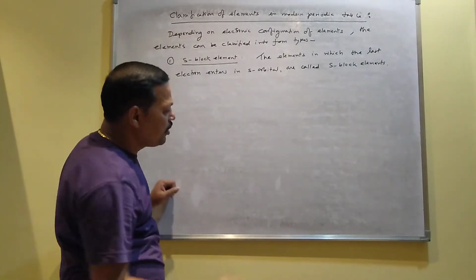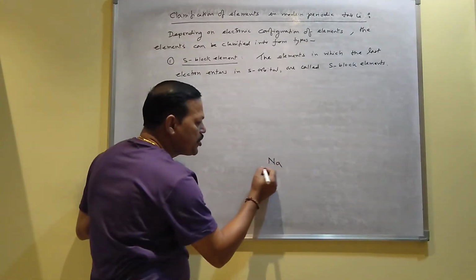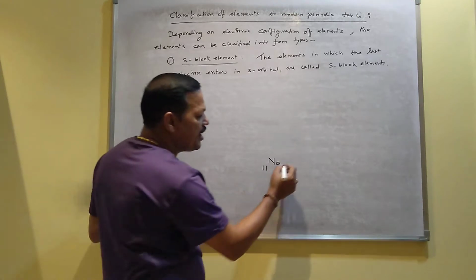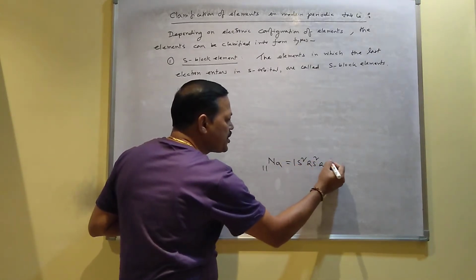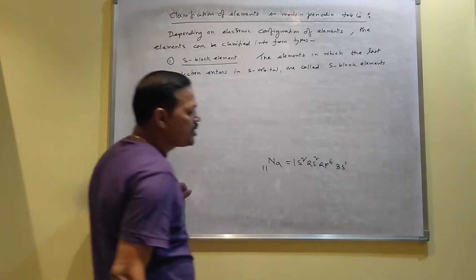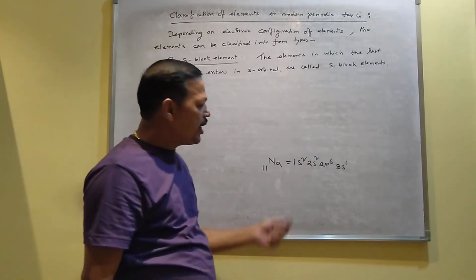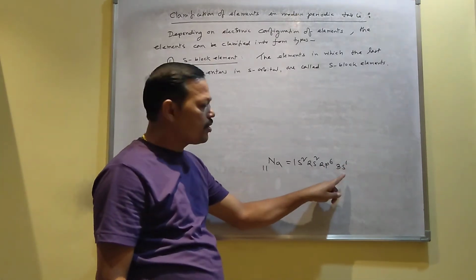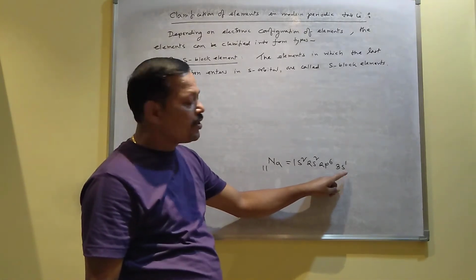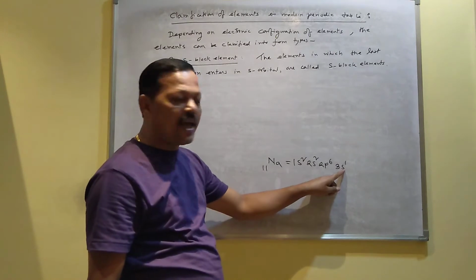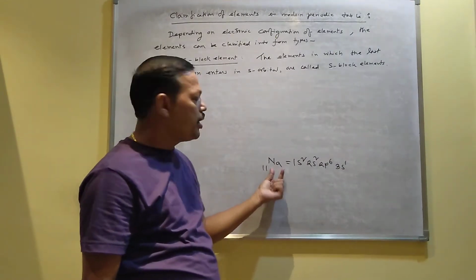So for example, if you want to write the electronic configuration of sodium, atomic number is 11, its configuration will be 1s2, 2s2, 2p6, 3s1. Here you have seen the last electron is present in S. Since the last electron is present in S, that's why it belongs to S block.